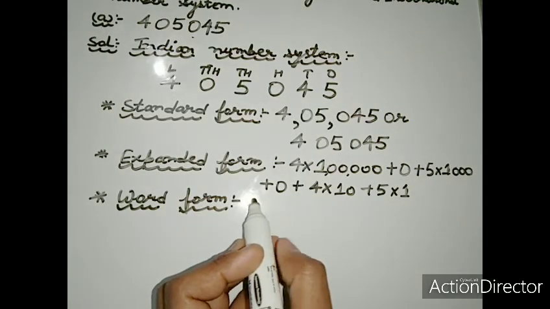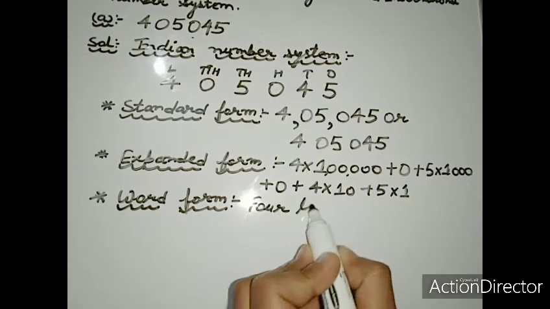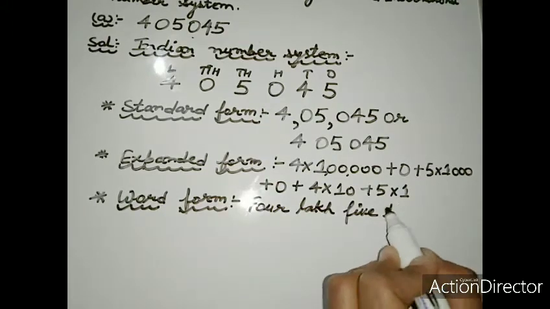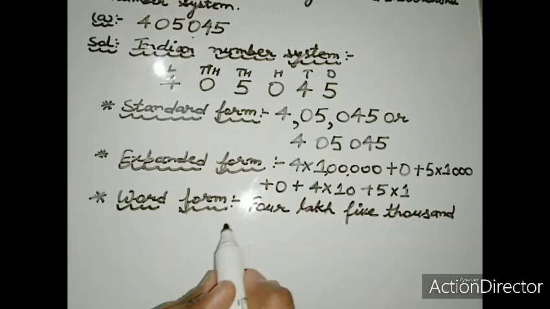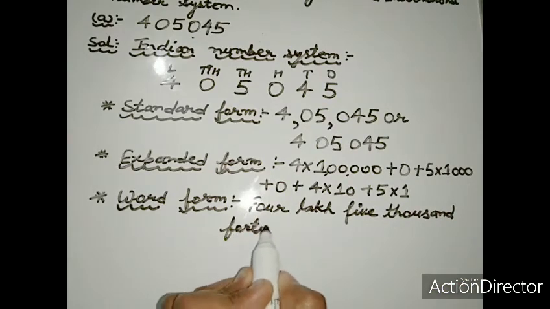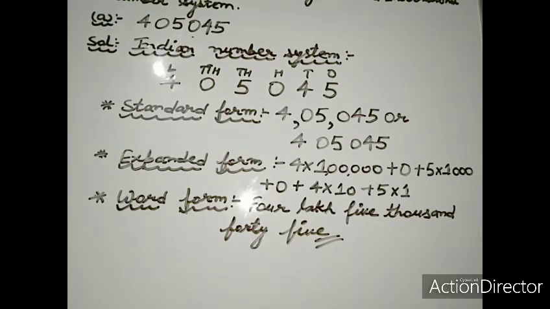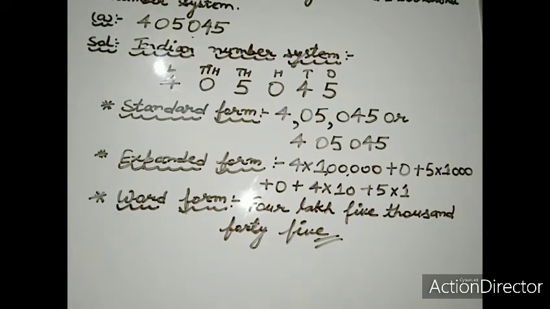So here we write the word form of this number, 4,05,045. Okay students, so this is the method. We write the standard form, expanded form and word form of the number in the Indian number system.